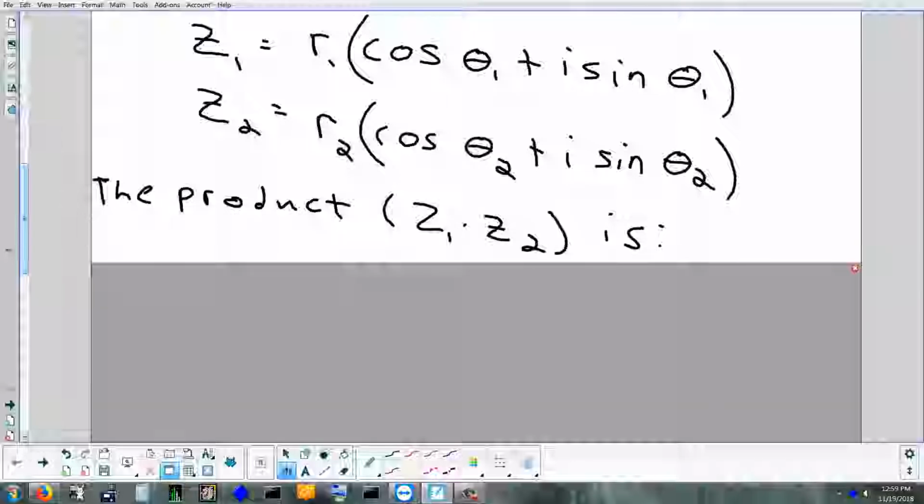Now, if we wanted to multiply them together, the old way in rectangular would be to FOIL it and do everything I said. Change i squared to -1 and combine like terms. It's not awful, but there's a faster way.